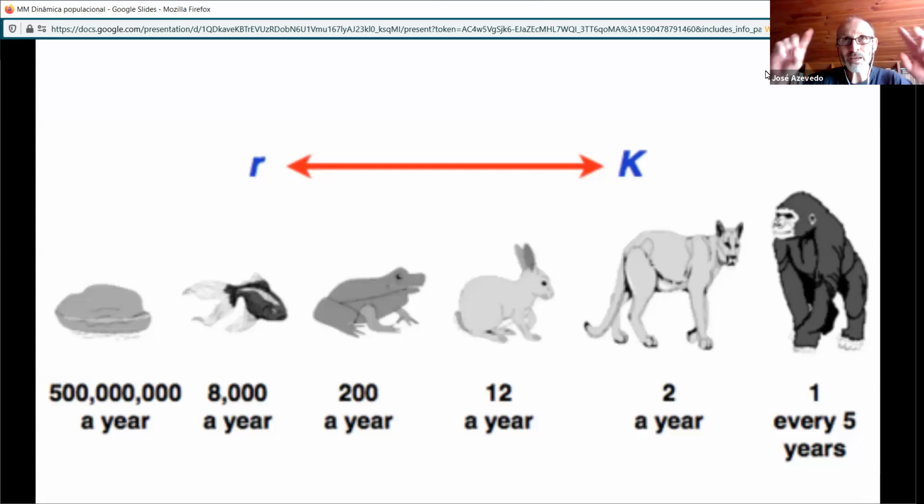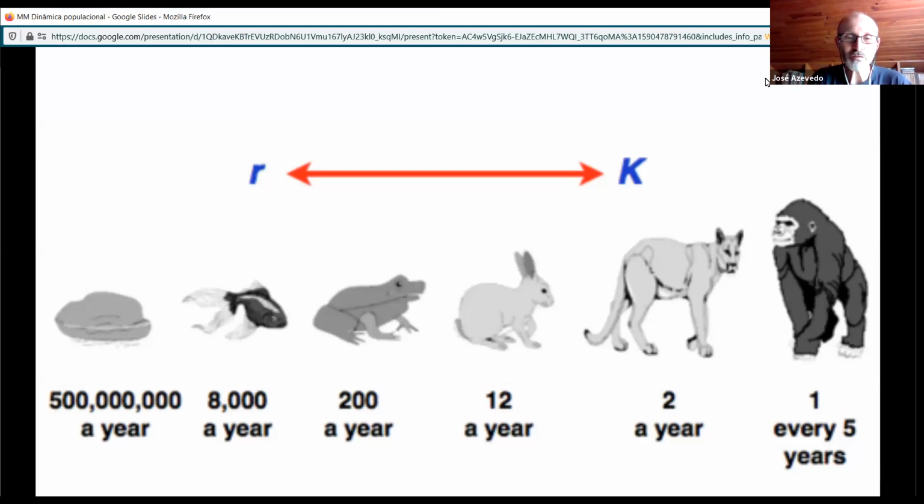So these would be K-selected species because we assume that they have strong intraspecific competition that makes their numbers stable. Whereas R-selected species don't really care about the capacity of the ecosystem, and so they produce many more descendants than those that are necessary, right?